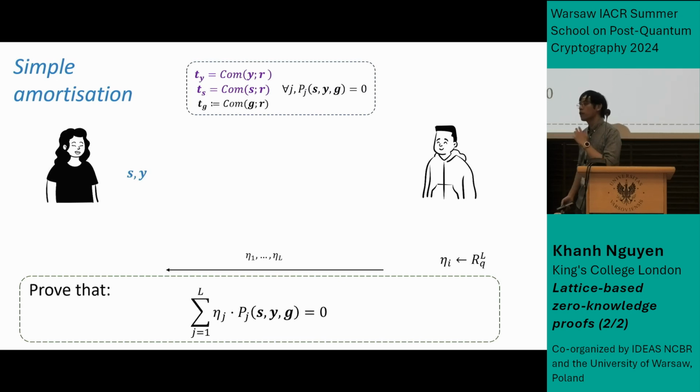Could we just multiply pointwise the equations and end up with a single equation in the field? For example, we can multiply pointwise s and y. After that, multiply pointwise to g using one of the previous lemmas.